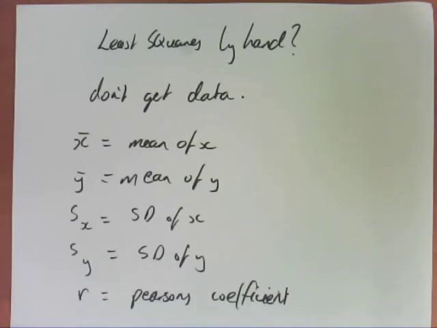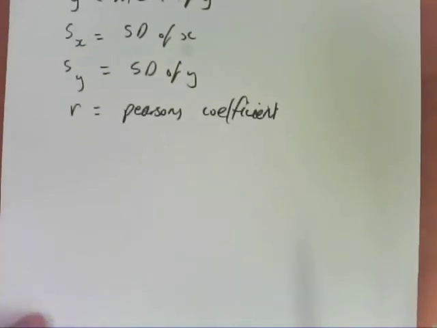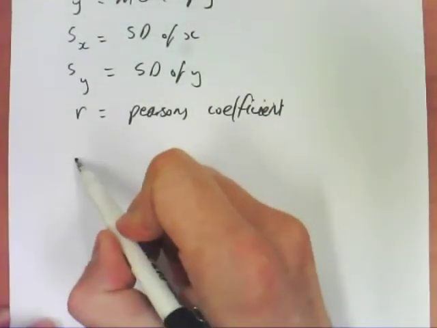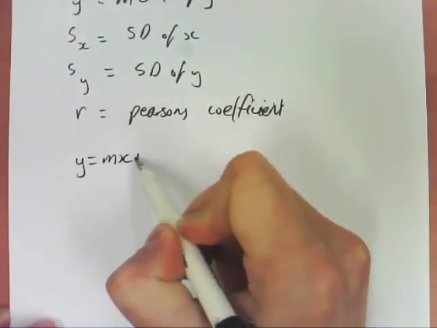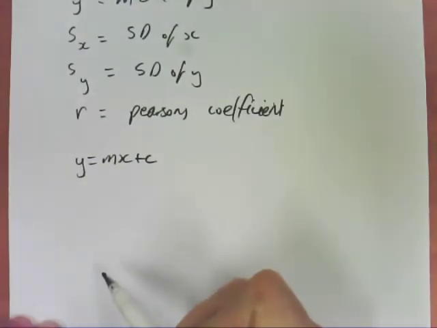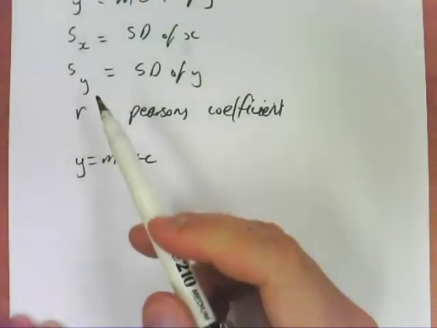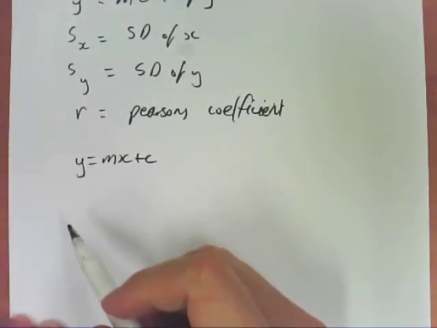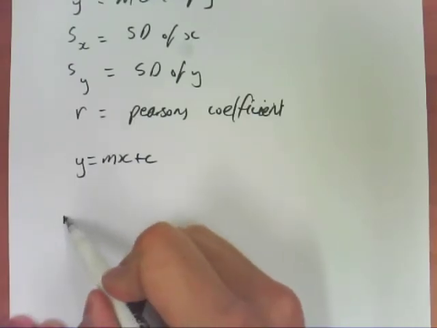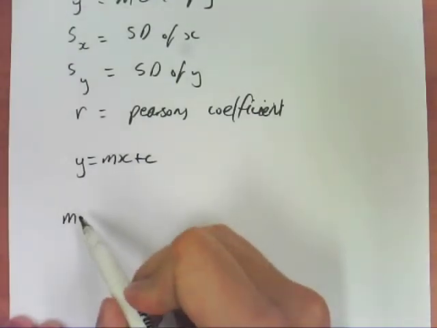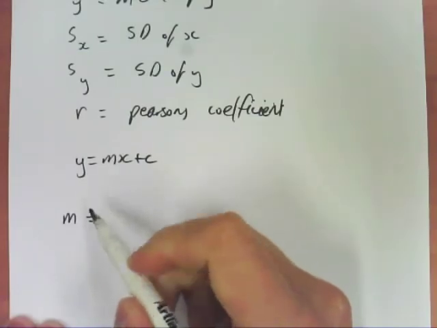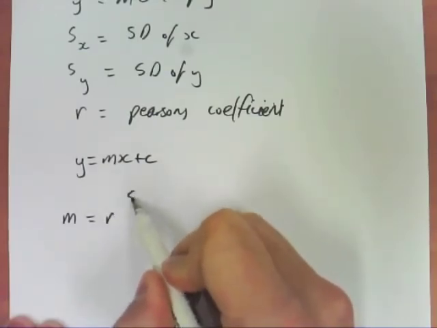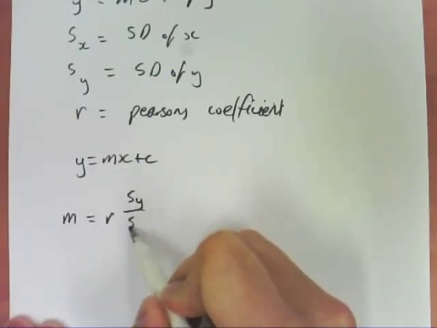formulas. Okay, so we know that the least squares regression line is always in y equals mx plus c. And using the information they give you, so that x bar, y bar, sx, sy and r, you can actually work out the equation for m, okay, which is r sy over sx.